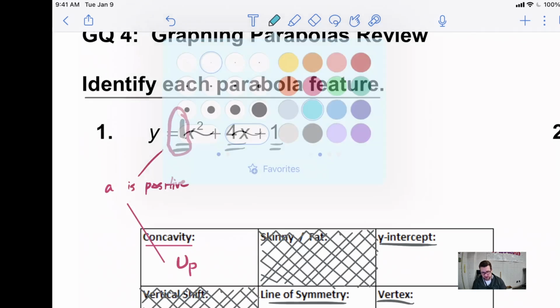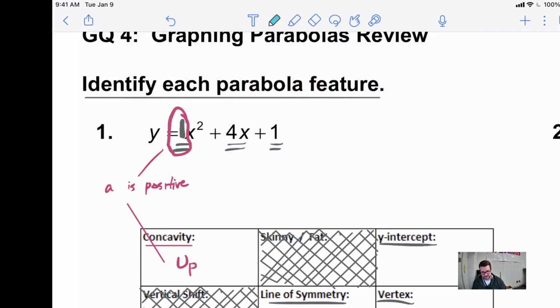The next part, I think, is almost just as easy, which is to find our y-intercept. To locate our y-intercept, remember that's always our c value. So our c value is the y-intercept. Looking at this graph right here, we see our c value as a positive 1.